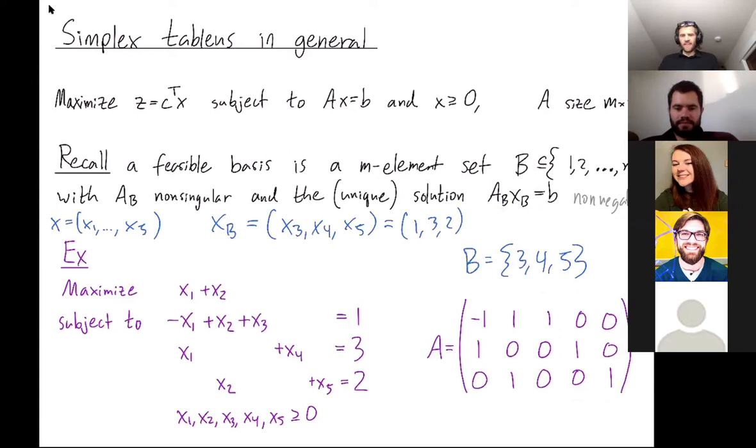Okay, and so another property in basic feasible solutions is we better have that all the entries in XB are non-negative, right? Because otherwise you're not a feasible solution. Questions so far?